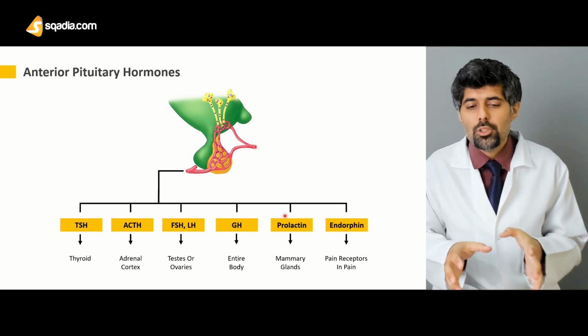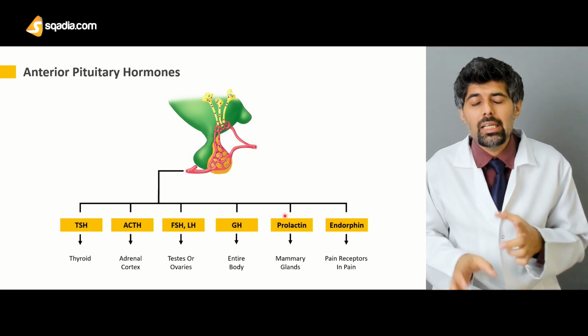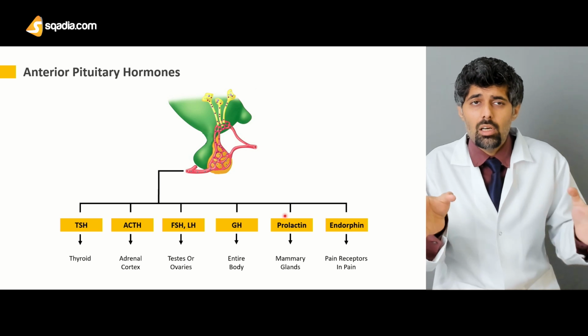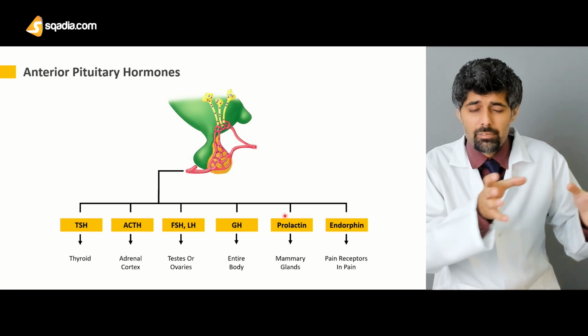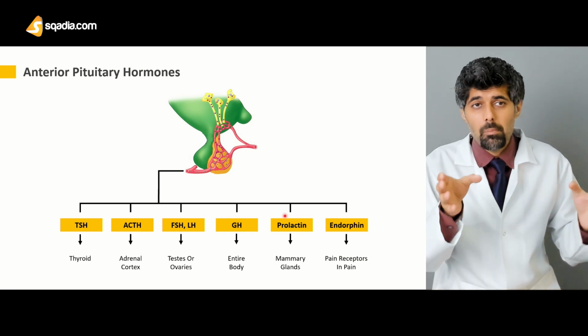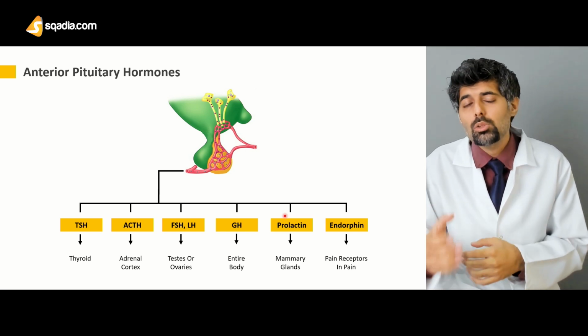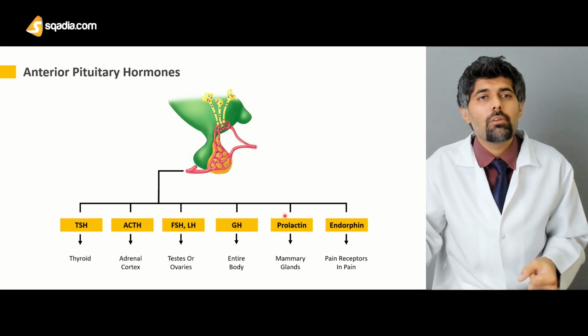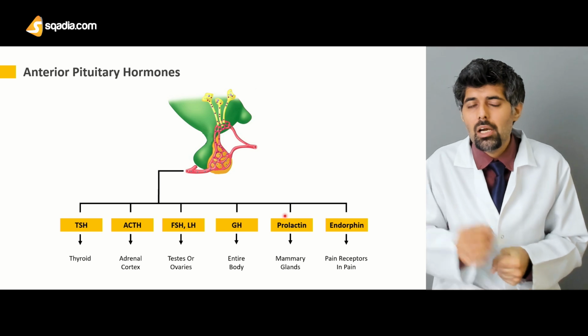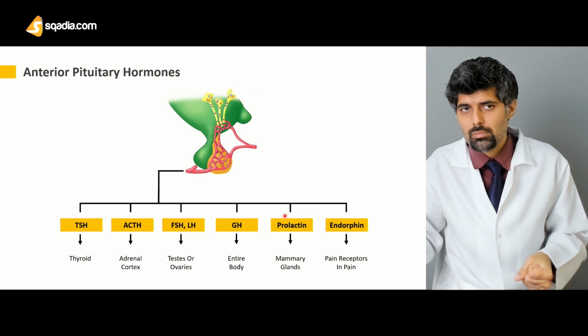Now, the anterior pituitary does not only contain these cells, and doesn't only have cells which produce only these five main hormones. It also has certain other cells, even though they are present in very low quantity, but they are present.